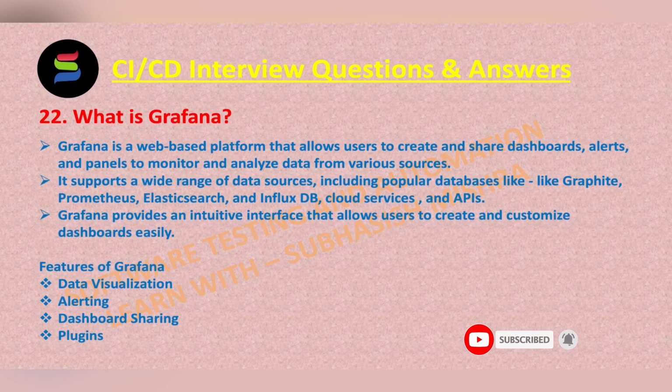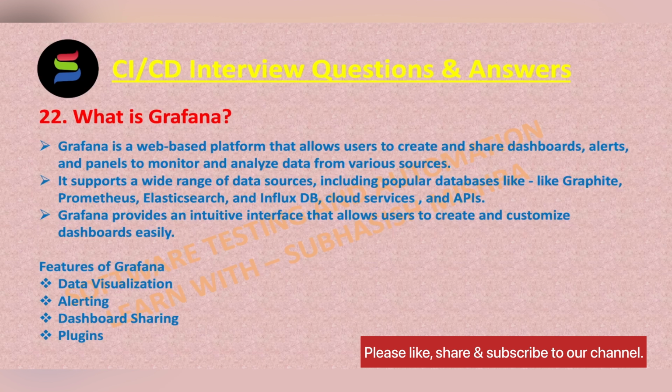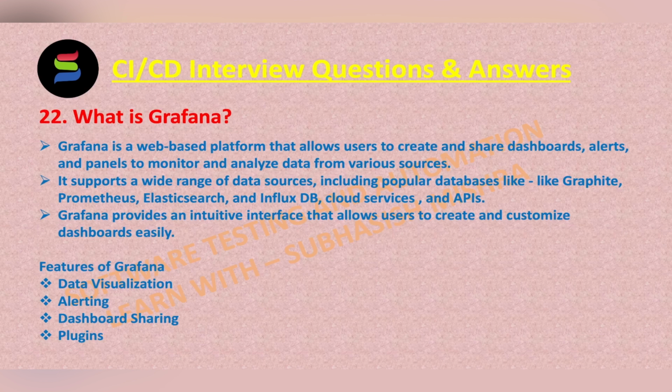Grafana provides an intuitive interface that allows users to create and customize dashboards easily. Grafana has a powerful query editor that supports various query languages including SQL, Prometheus query language and Elasticsearch query language. This allows users to perform complex queries on their data and visualize the results in real time.